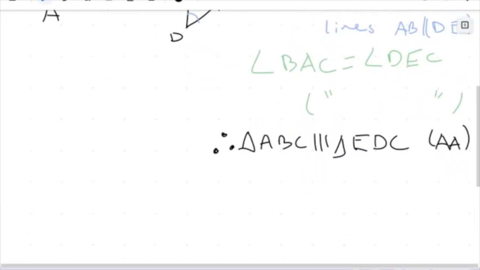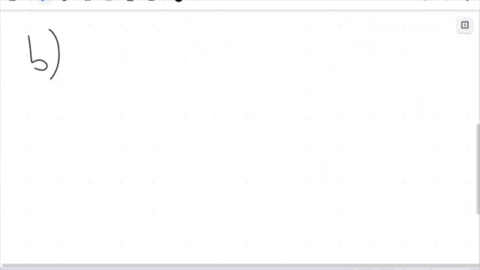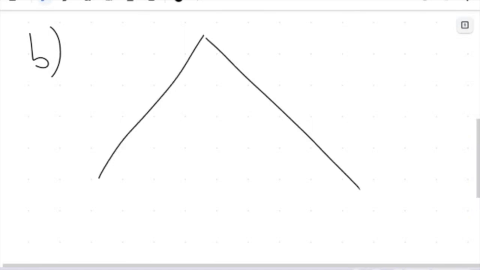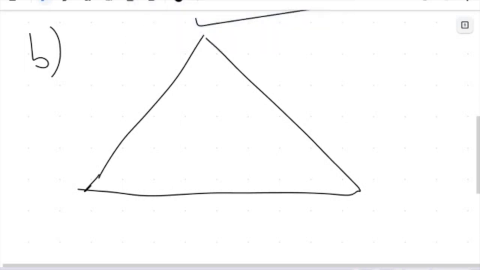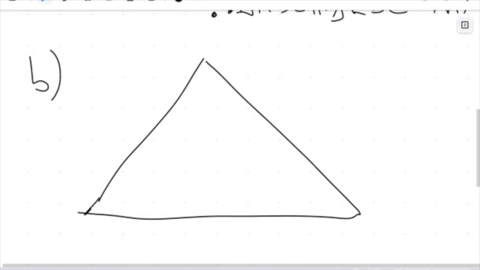Now let's try another question, once again proving similarity. I'm going to draw this triangle here. I have E, A, and I have this triangle here, D, B, C. All right.